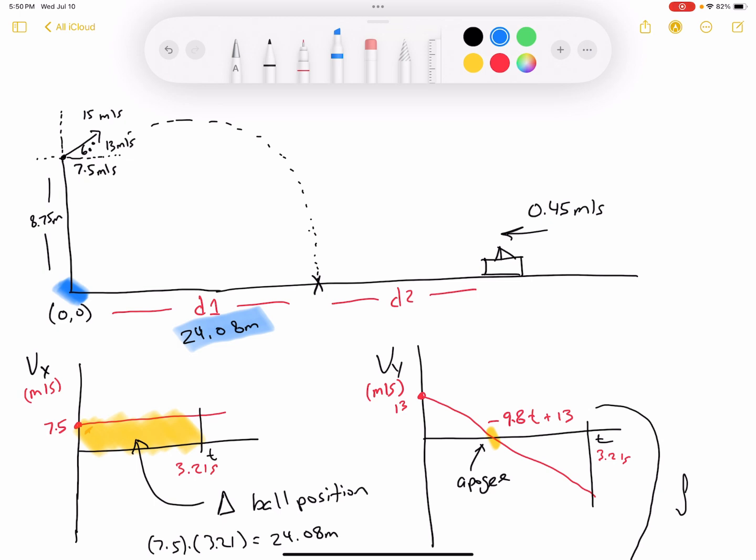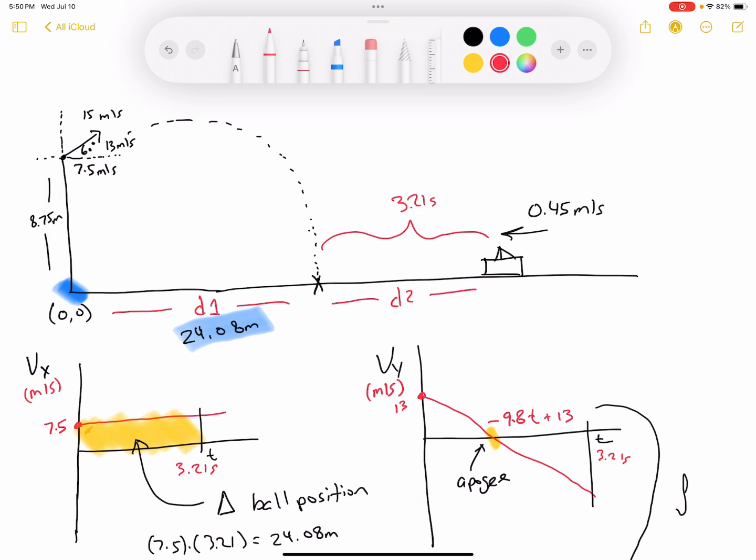So over this time here, maybe I'll change this to a different color, between here and here, he is going to be going 3.21 seconds. It's going to take him 3.21 seconds to get from where he's at to where the ball is going to land.